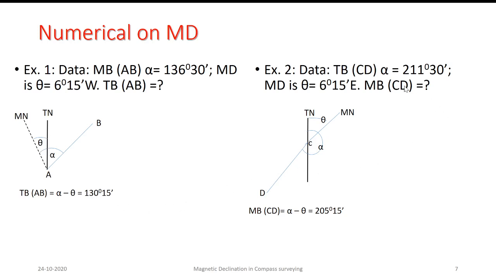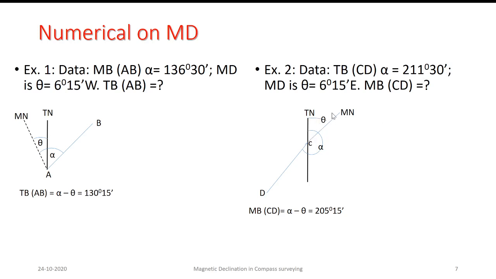Now, in this sketch, the true bearing of CD is given as 211 degrees 30 minutes. So here, with respect to this true north, we can draw a line making an inclination of 211 degrees 30 minutes. The magnetic declination is 6 degrees 15 minutes eastward.